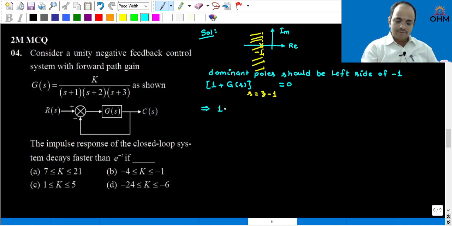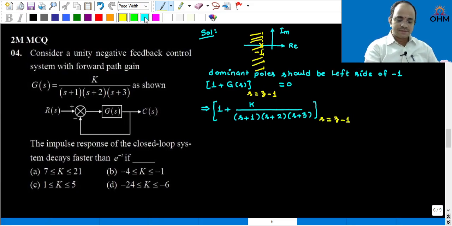Now, here 1 plus G of s is given as K by (s plus 1) into (s plus 2) into (s plus 3). Now, here replace s with z minus 1.